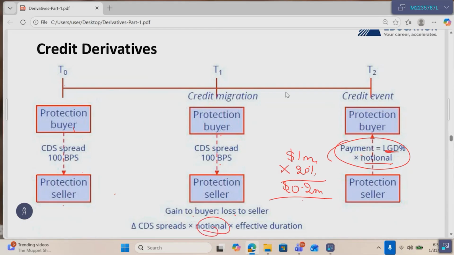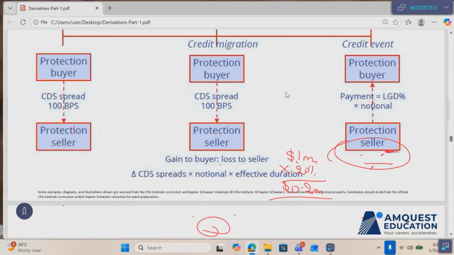It may not be the actual amount of the loan, but the entire notional amount. So this is how you compute the payment: LGD, loss given default, times the notional amount. If a default happens and you lose 20%, you multiply it with the notional amount of the loan and you get 0.2 million. Clear? So please learn how to compute the amount of protection and the payment.